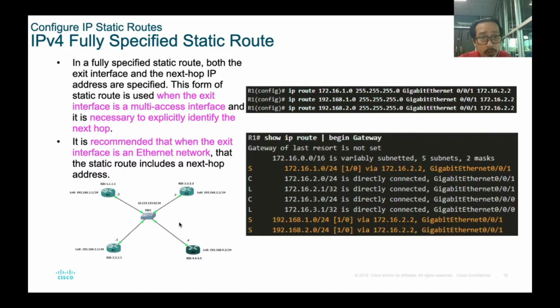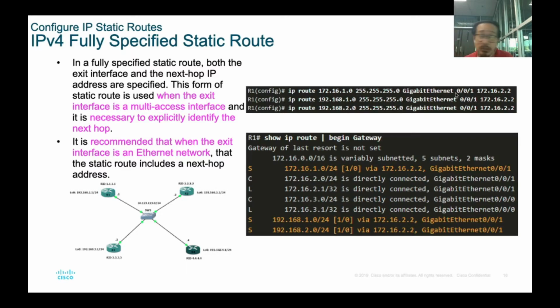So in order to help with the routing, we cannot give the exit interface only, because with this exit interface, the router doesn't know which one to go to. We can give the next hop only, but the router still needs to figure out the exit interface. So the best way is to provide both. The command is ip route, network ID and subnet mask, and the exit interface. Here the exit interface is spelled out fully as GigabitEthernet, but it can still be written as Gi or G only.